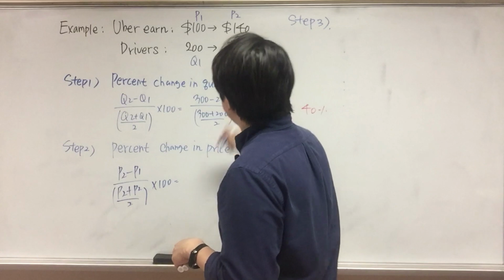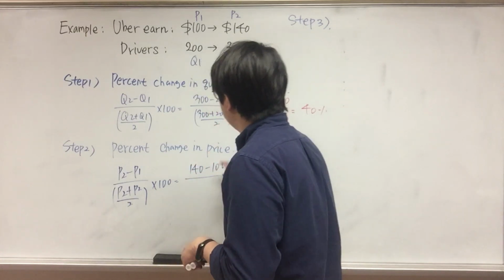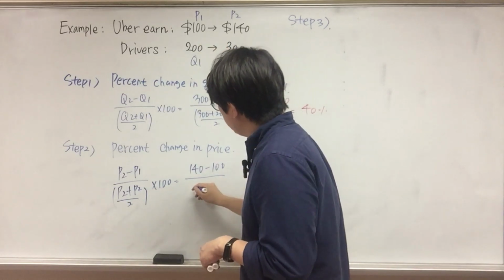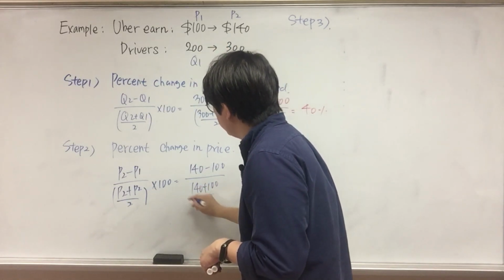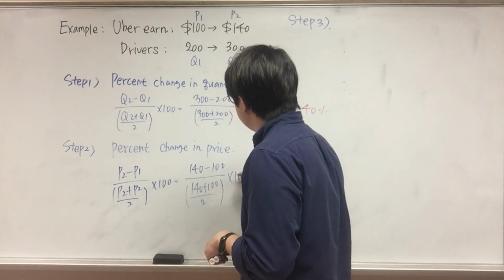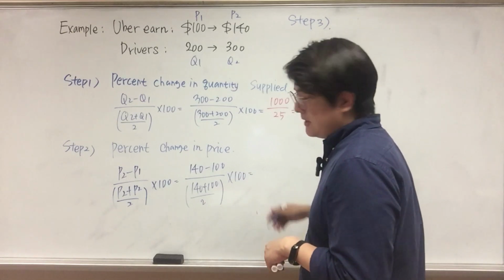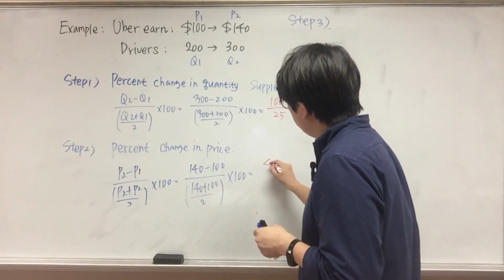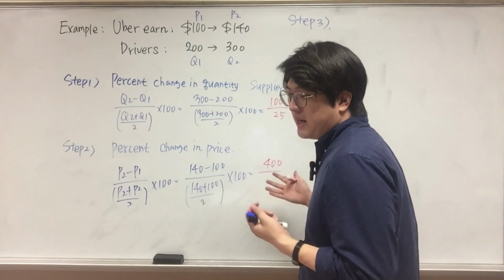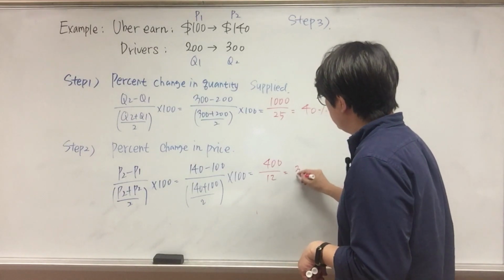P2 is 140 minus 100, and we divide by the average value times 100. You can check the value: 40 divided by 120, which is 33%.